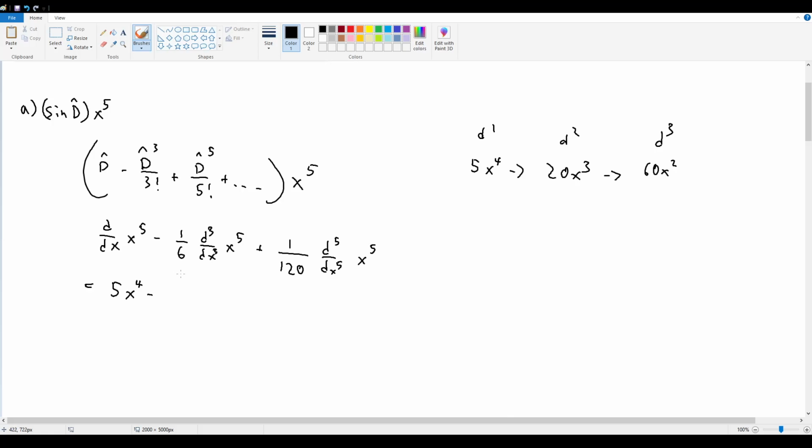So take the 6 at the bottom, that's 10x squared, plus, and then this is d5, doing it again, so that's 120x for d4, and then just 120 for d5, so 120 over 120, that's 1, so just plus 1, and this is the answer for part A.